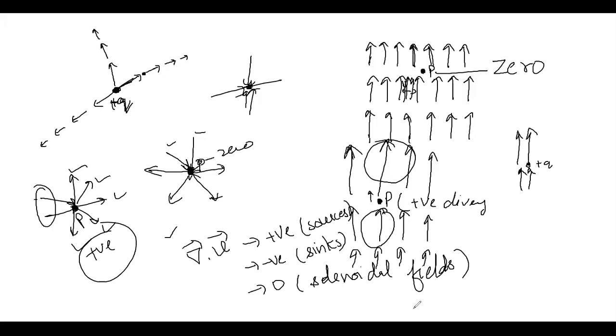And that is not the case with electric field. Electric field where you can perfectly have a positive charge separate and a negative charge also. So for electric field, you can have your divergence as positive or negative. But for your magnetic fields, your divergence is always going to be 0.